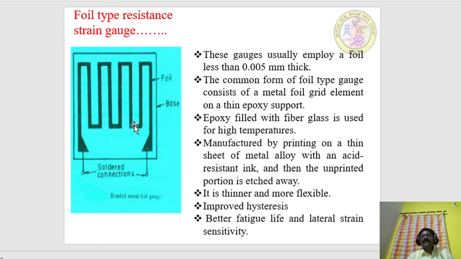It is a thinner and more flexible strain gauge, and moreover the hysteresis is improved here, with better fatigue life as well as lateral strain sensitivity. Lateral strain, as you well know, is the strain acting on the lateral dimension.